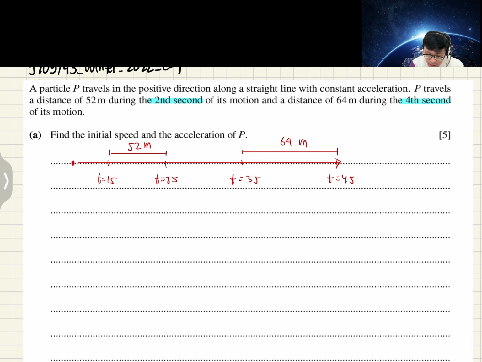Now, how do we solve this? Well, once again, we have the time, we have the displacement, we also want to find the initial speed, which is U, and we want to find the acceleration, which is A. So we have U, A, T, and the distance.